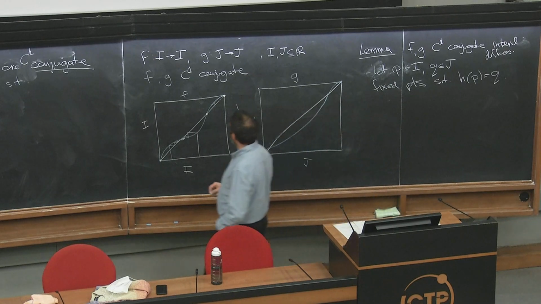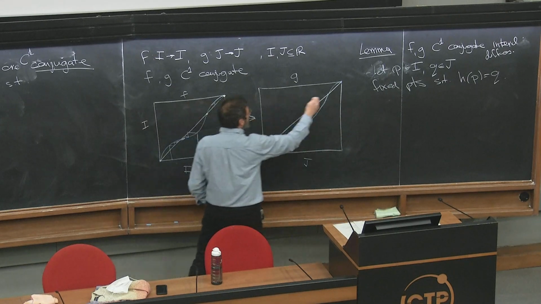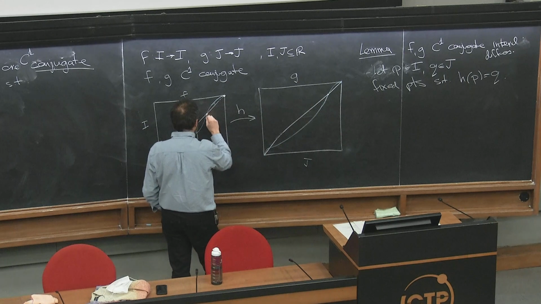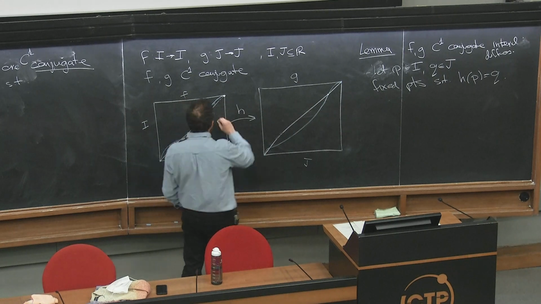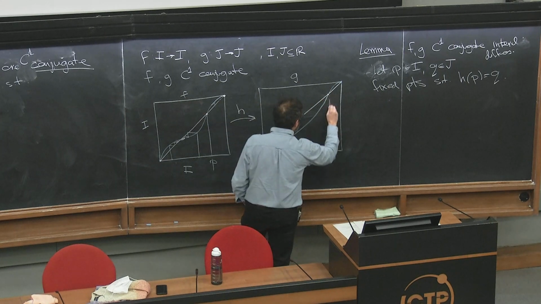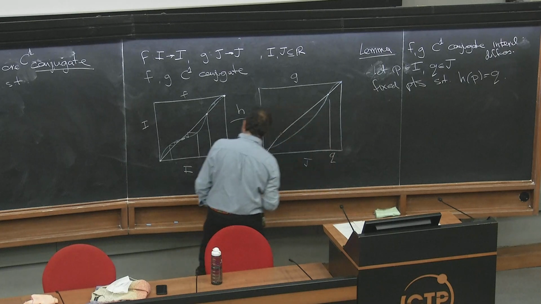So suppose H maps this fixed point to this fixed point. So this is a point P, and this is a point Q.